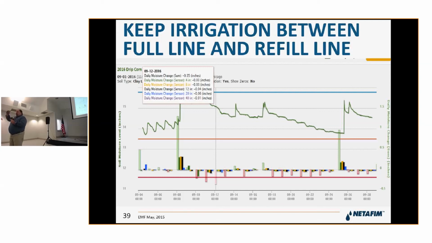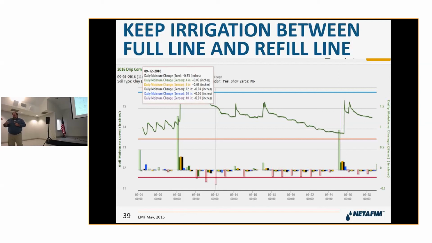So we're only going to use the sensors near where the roots are to build this scenario, refill to full line. As your root system gets bigger, we'll expand and use different sensors. We'll be working through each growth stage and changing that, and that will be automatic on your system.